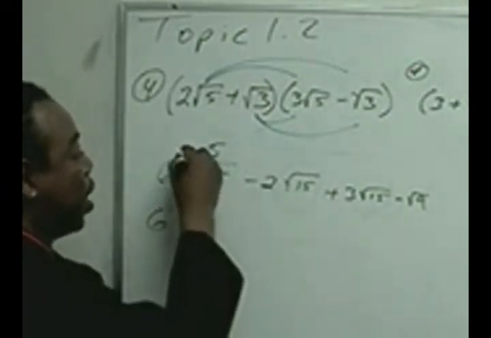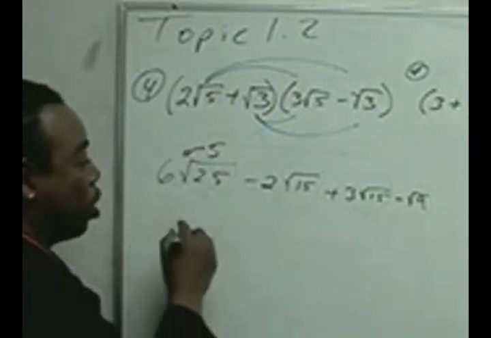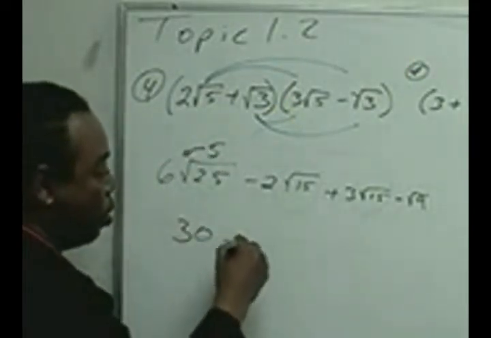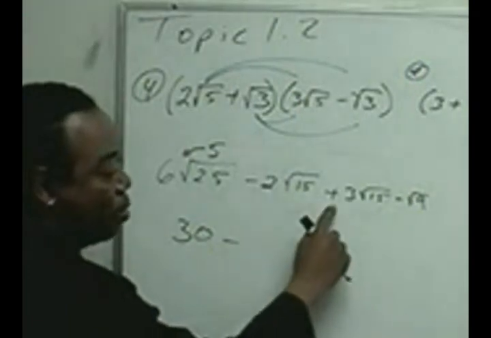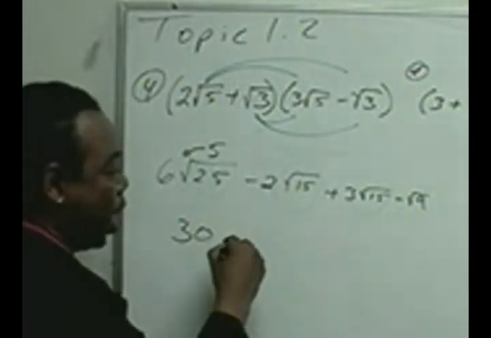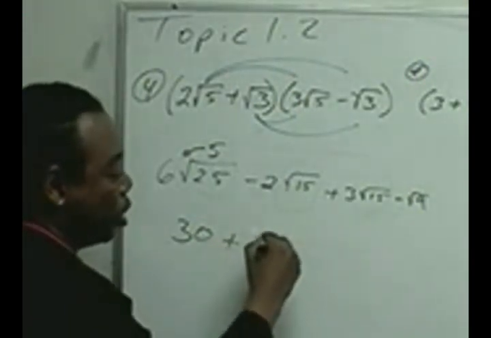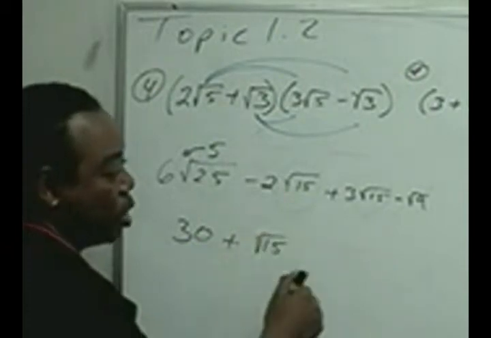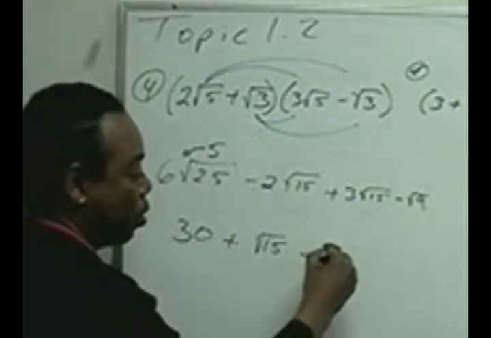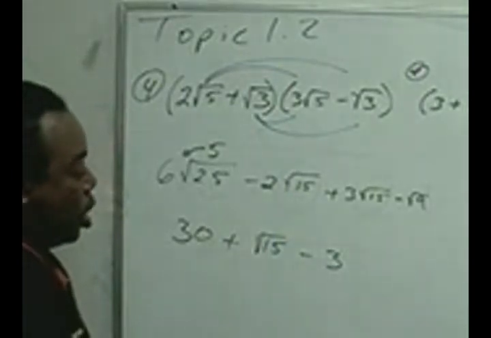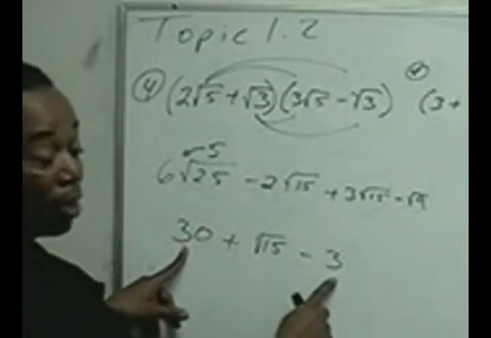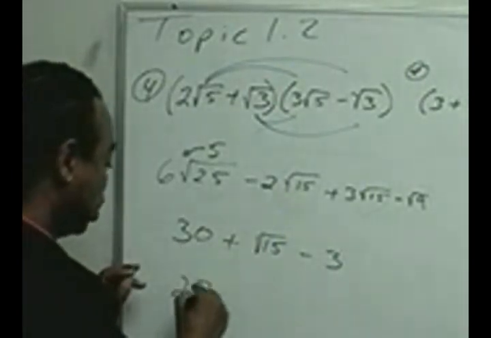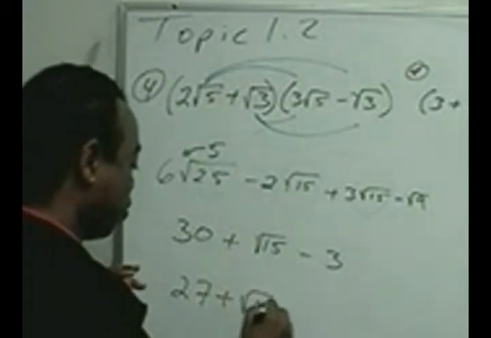So 6 times the 5 will give us 30. These two can be added. We'll get a positive 1 square root of 15. And this simplifies to a negative 3. Now we can simplify the 30 and the 3 and get 27 plus the square root of 15.